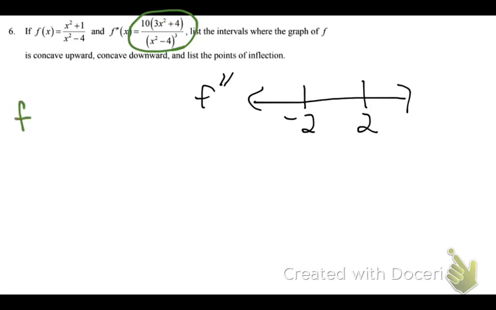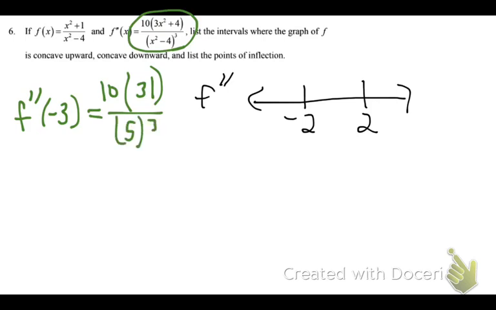F double prime of negative 3 will give me 10 times 3 times negative 3 squared, which is 27. 27 plus 4 is positive 31. And then in the denominator, negative 3 squared is 9, 9 minus 4 is 5 cubed. So this is going to result in a positive output.